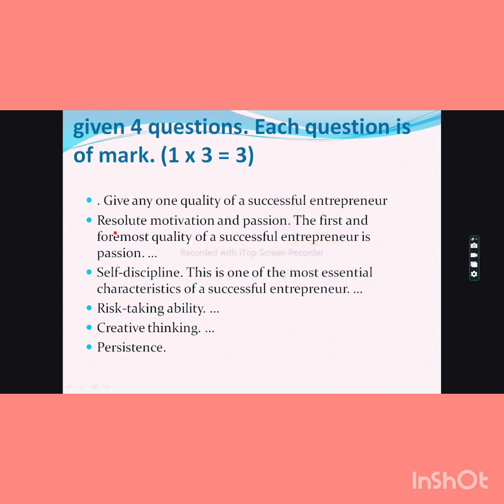So resolute motivation and passion. Whoever wants to be an entrepreneur, he or she must have motivation for that particular kind of work, whatever they want to do. The first and foremost quality of a successful entrepreneur is passion. It means he has to be creative, he has to search for motivation around him or her.